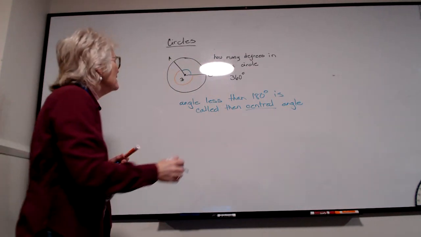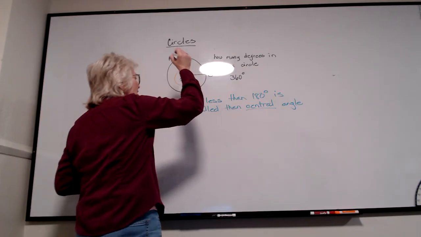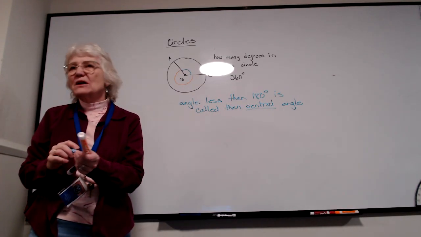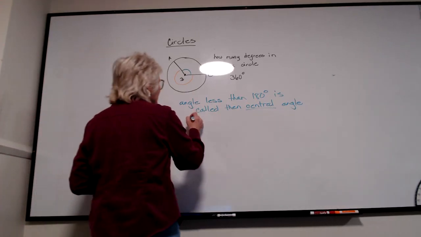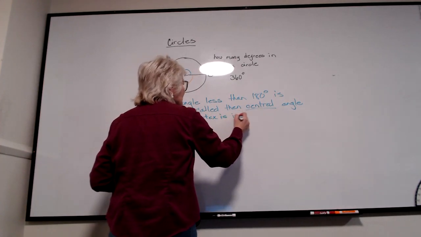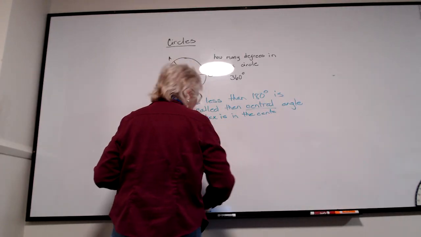Now notice, the central angle has its vertex in the center. Kind of makes sense. So the vertex is at the center.